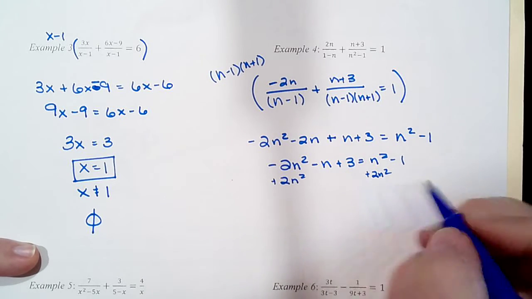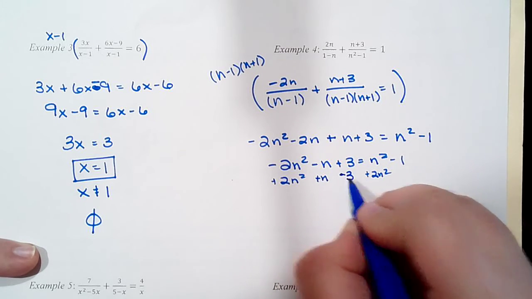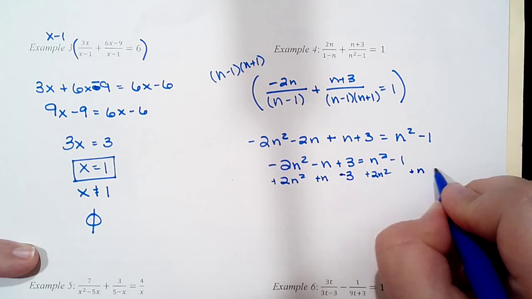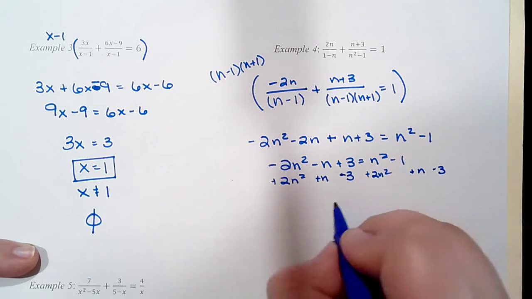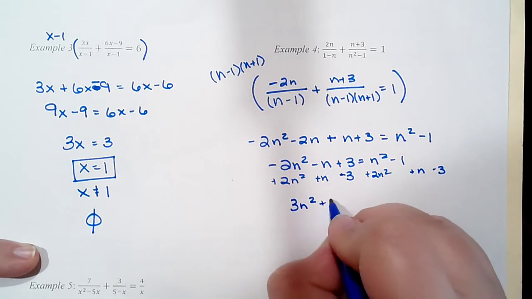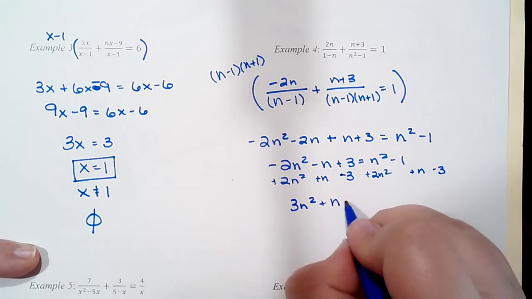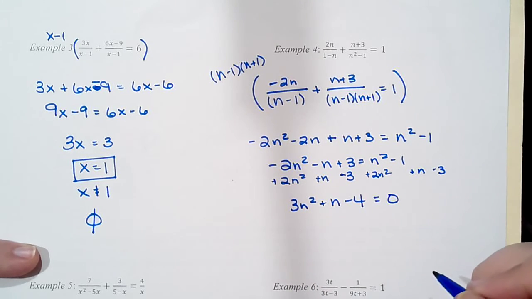Since I'm moving everything over there, might as well keep moving. Let's move the n over, and then let's move the 3 over. So plus n minus 3. So once I've done all this, I get 3n squared plus n, negative 1 and negative 3 is negative 4, and it all equals 0.